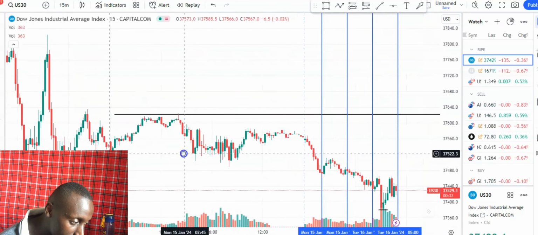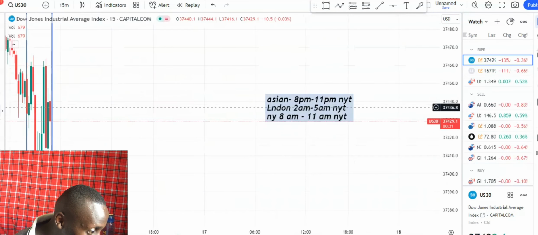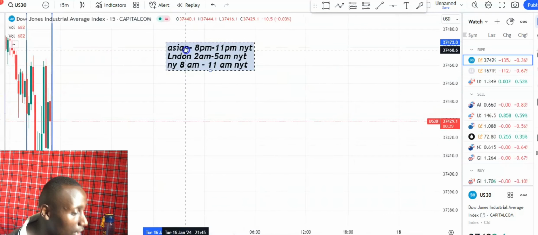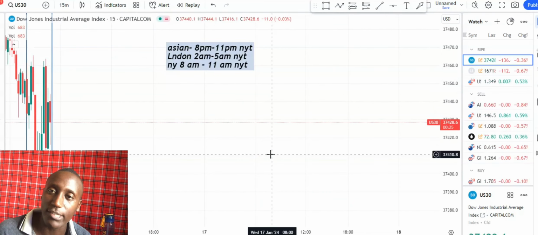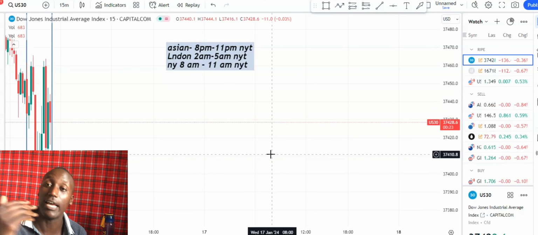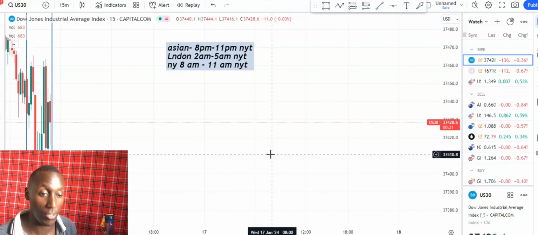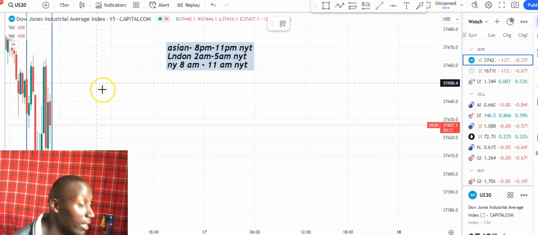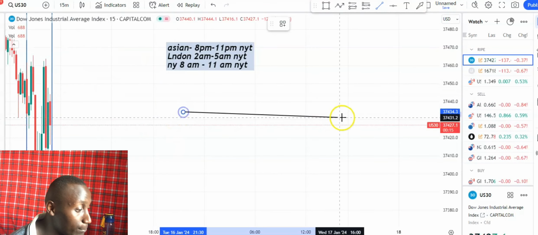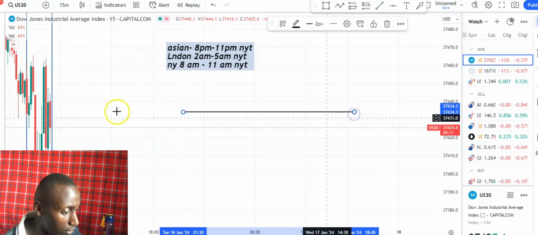Now, that aside, timing aside, now we go to the levels. Where do we want to see the double top and the double bottom? Because you can't just take any double top and double bottom anywhere and then expect price to reverse.